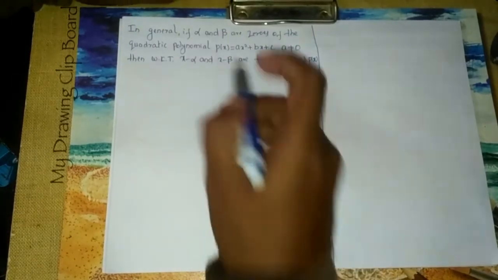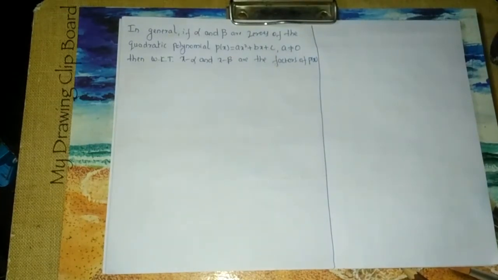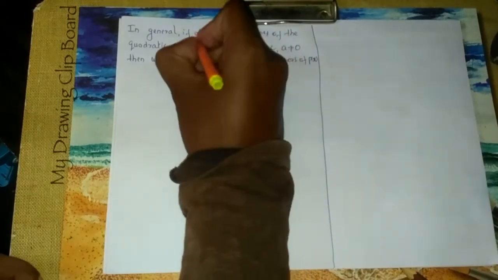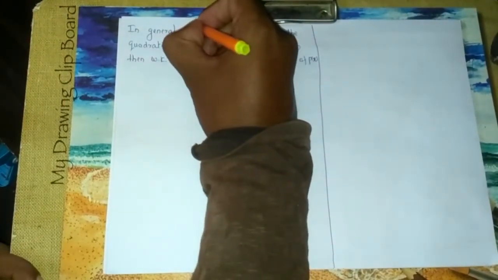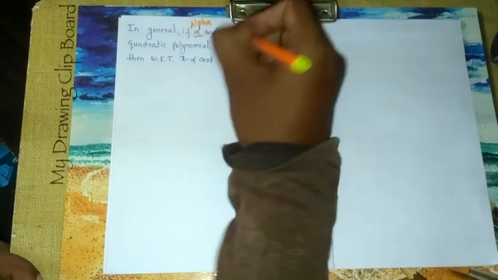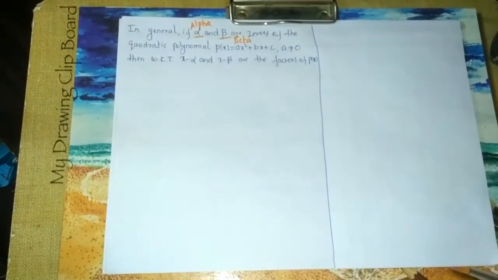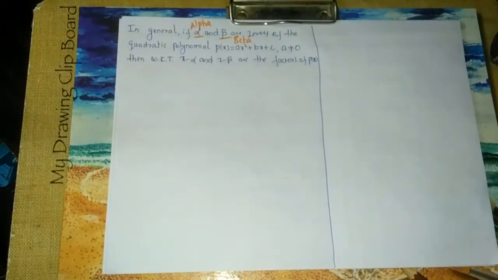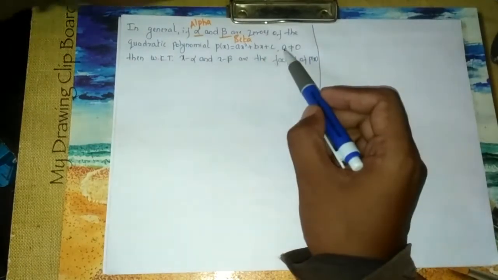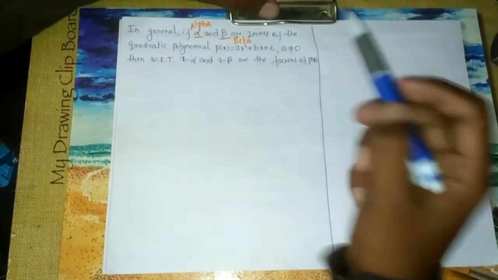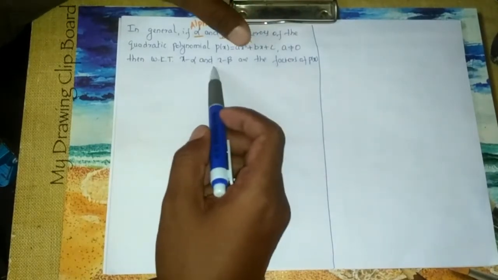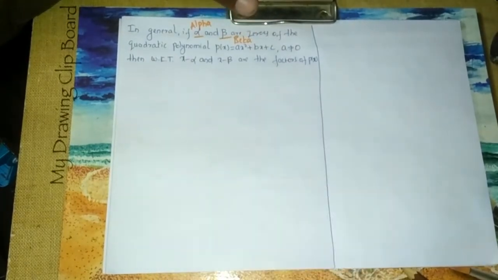In general, if alpha and beta, these symbols are new to you, we call this symbol alpha, and this beta, are zeros of the quadratic polynomial p of x equals ax square plus bx plus c, where a not equal to 0, then we know that x minus alpha and x minus beta are the factors of p of x.